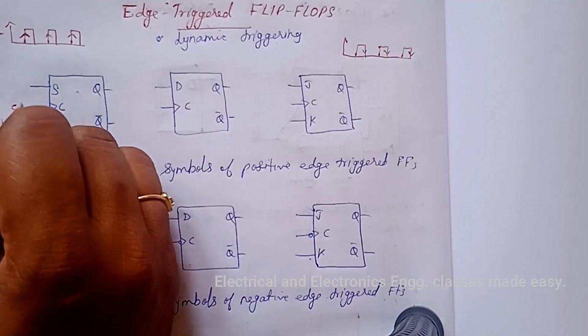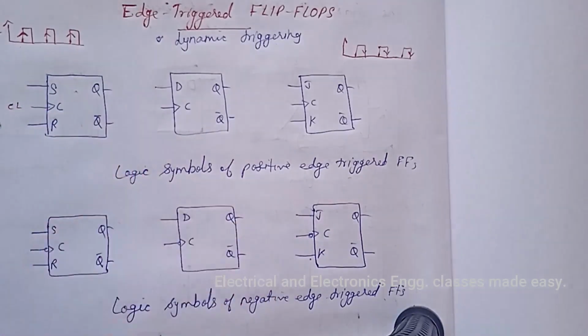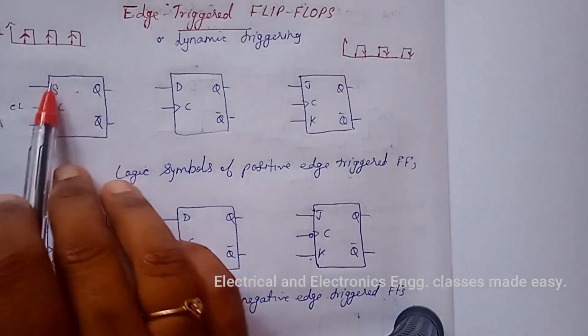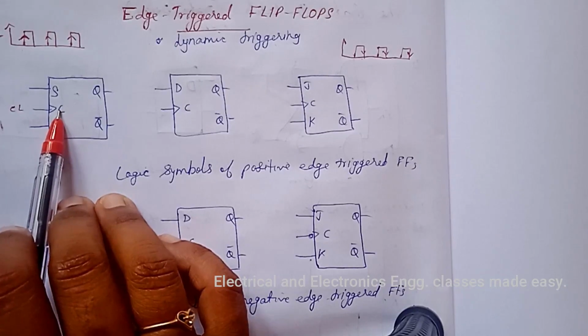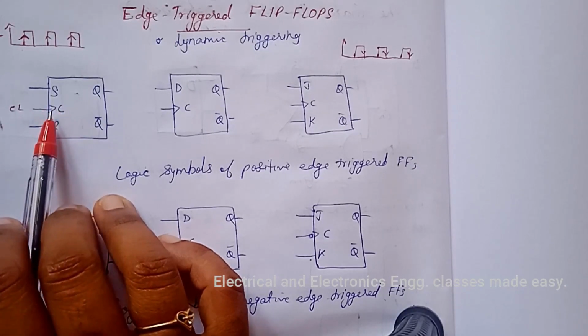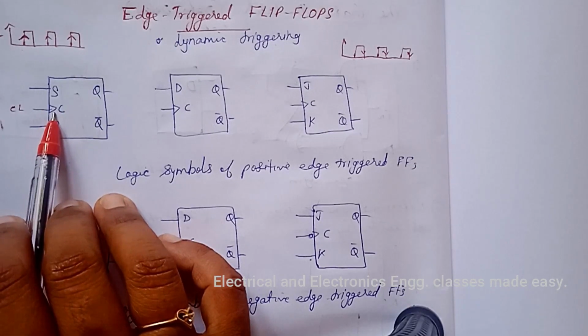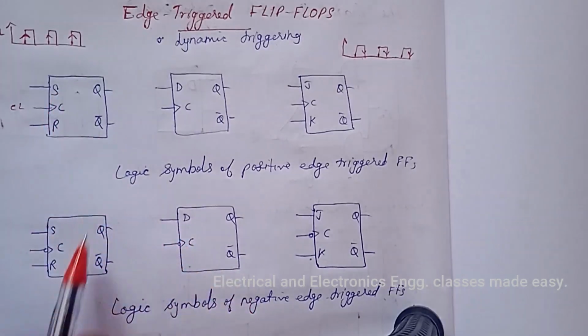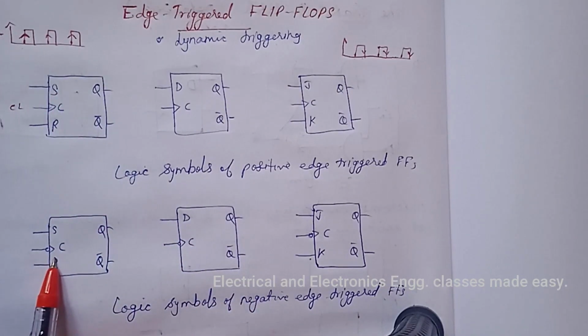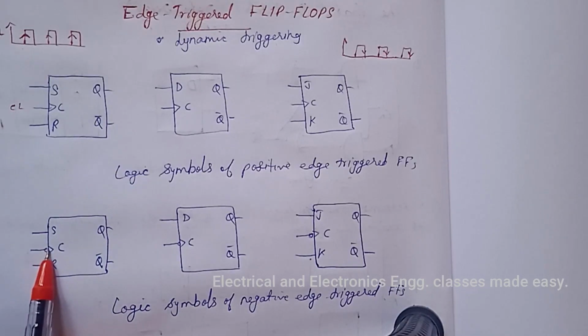So this is clock terminal. Negative edge triggering is indicated by a triangle with a bubble at the clock terminal of the flip-flop.